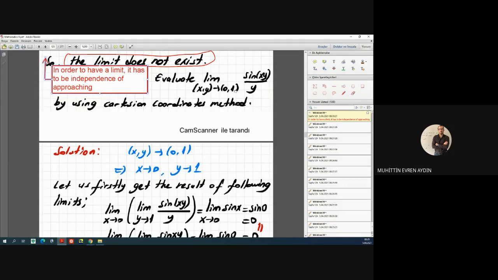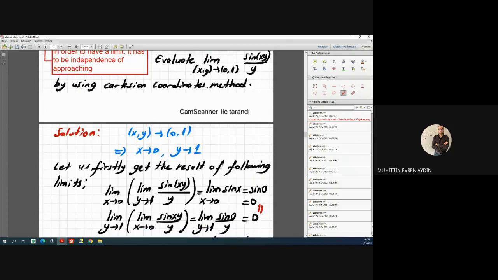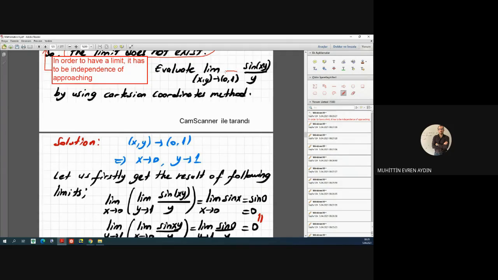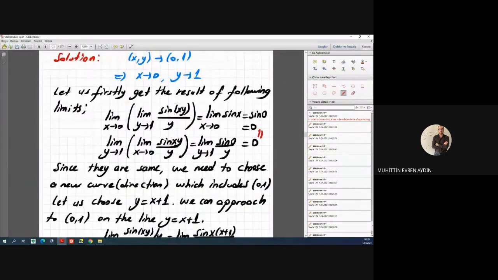Another example, we have a trigonometric function, sine of xy over y. Okay, and our point is 0, 1. Yes.